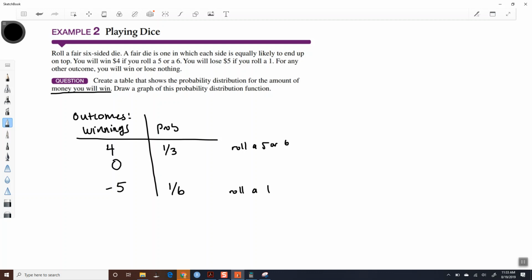The total of everything will have to be what? 1, right? One of these outcomes has to happen. So if I've got 1/3 here and 1/6 here, how much is left over? 1/2, right? That's basically roll a 2, 3, or 4. And indeed, that is the answer.